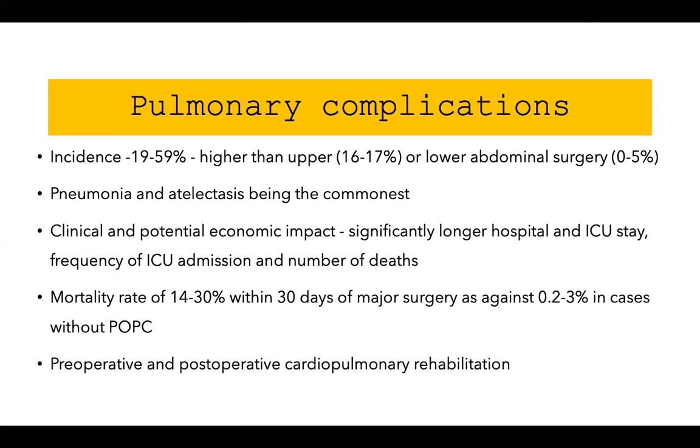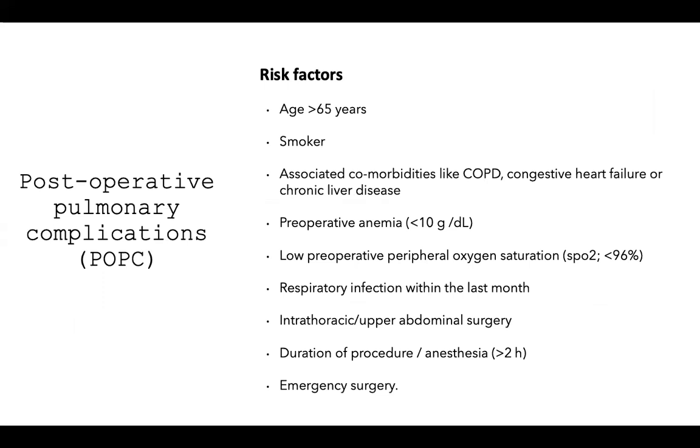In patients who undergo postoperative pulmonary complications, mortality rate can be as high as 30% in certain situations. And so, aggressive preoperative and postoperative cardiopulmonary rehabilitation are the key for preventing this type of complications. Who are at high risk?